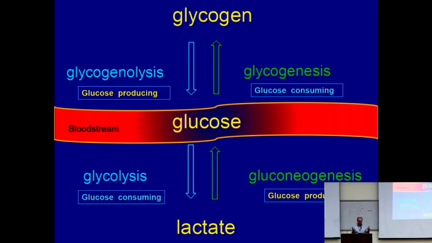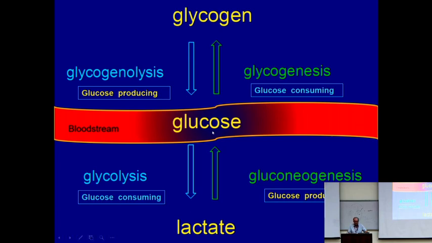So this is the first thing I want you to think about, that the consumption of glucose, either by glycogenesis, which is glycogen synthesis, or glycolysis, will occur in a well-fed state. That means your blood glucose is relatively high, near 100, 120 milligrams per deciliter or a little more. Okay, so that's when these glucose-consuming processes will occur.